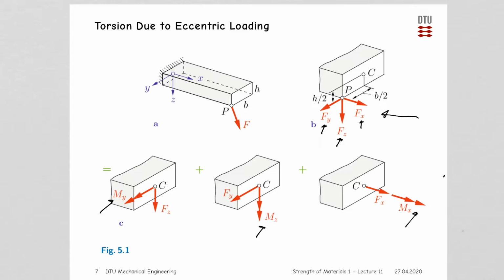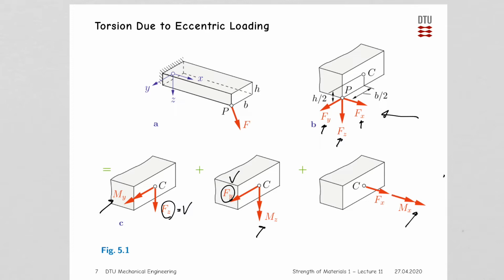Now let's take a little bit more detailed look at these moments and these forces. If we look at what we have been covering so far, looking at the beam structure up in figure A, then we can see that the Fz is actually what we have been looking at so far as the shear force, right? Fy is also a shear force, but in the other direction. If we turned the beam upside down, rotated at 90 degrees, then that would be the shear force.